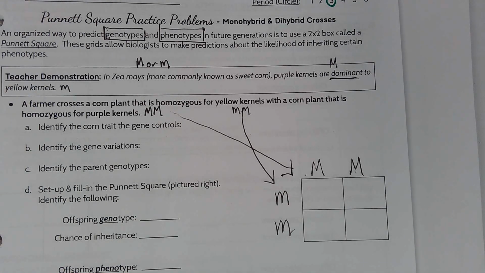There's a plant with purple kernels, purple corn, and then a plant that has yellow kernels. And I'm crossbreeding them so that I am going to make a new kind of corn, possibly.